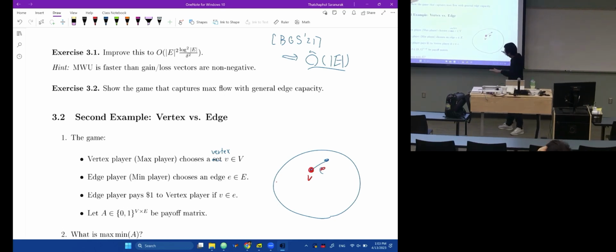You need to choose this distribution of edges such that it shouldn't be concentrated on any part. If the edges are concentrated on one vertex, that's bad.